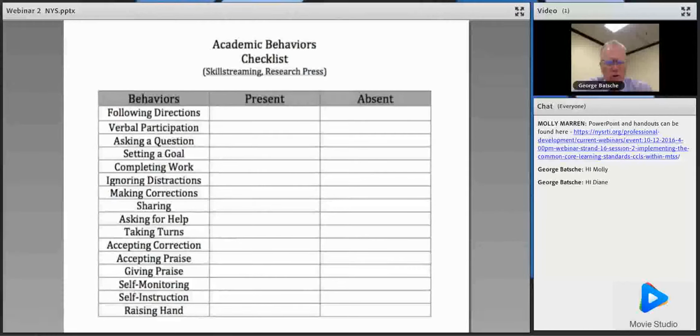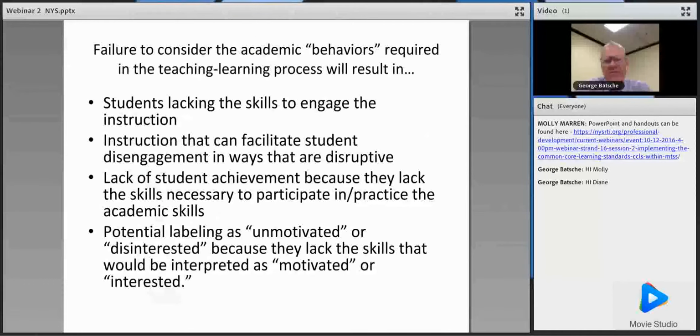Things like self-control to ignore distractions, monitoring your own behavior, accepting correction. Those are all skills that have to be pretty well developed for a student to be engageable in that instructional process. If we fail to consider academic behaviors when we're developing instruction, this will result in students lacking the skills to engage the instruction.